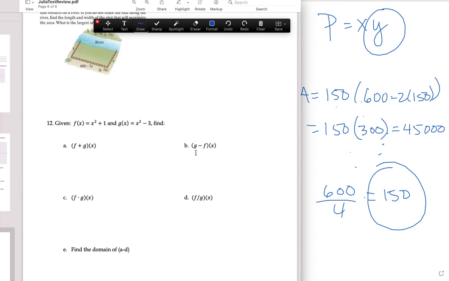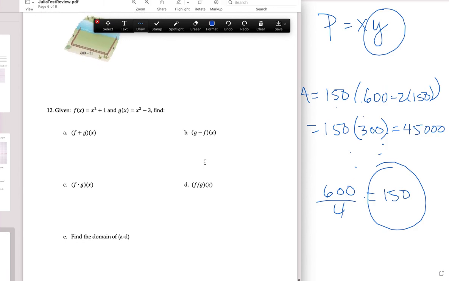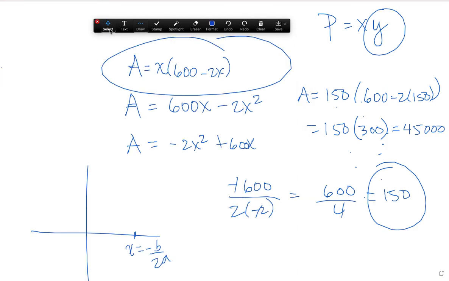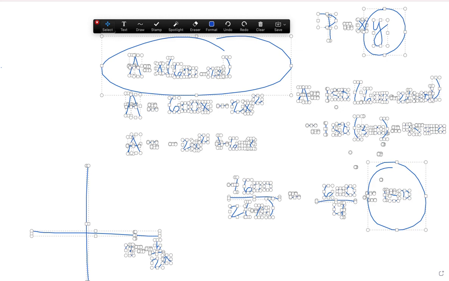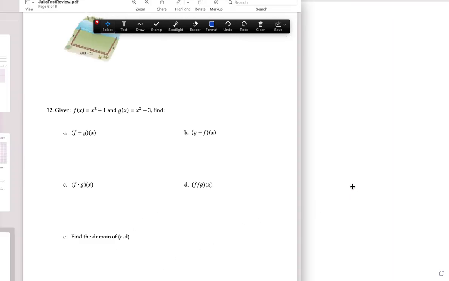For 12, f plus g, I know you know how to do. F minus g, I know you know how to do. With the question we said, which I'm pretty sure I don't need to repeat, when you do g minus f, put a parenthesis in front of f so as to distribute the negative sign. F times g, that's just a matter of foiling. We don't need to do that. And so very quickly, on to f over g.